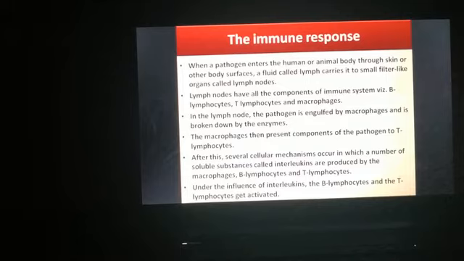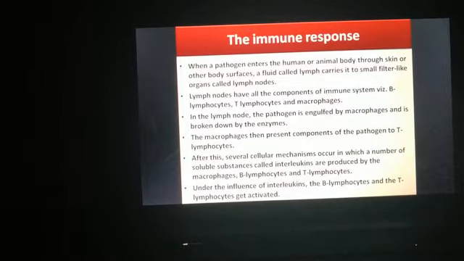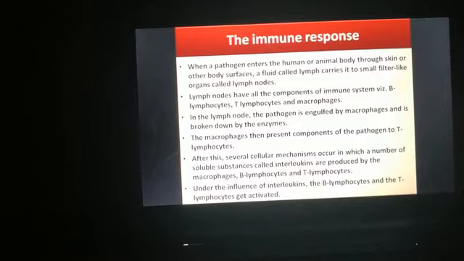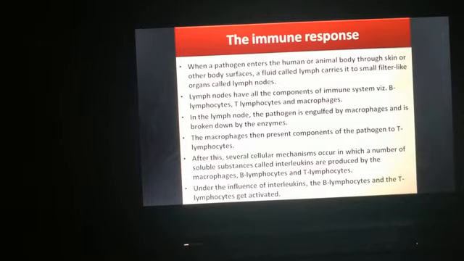Lymph is a fluid substance like blood, but it is colorless. Lymph nodes are present in various parts of our body. They have all the components of the immune system, that is B lymphocytes, T lymphocytes and macrophages.